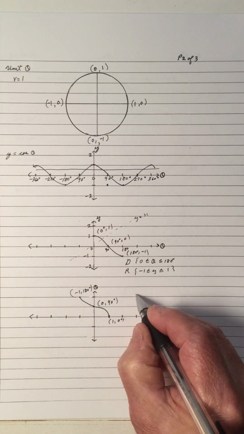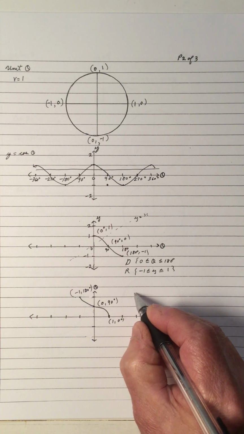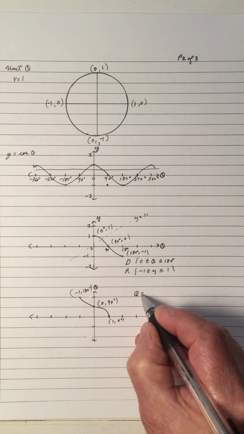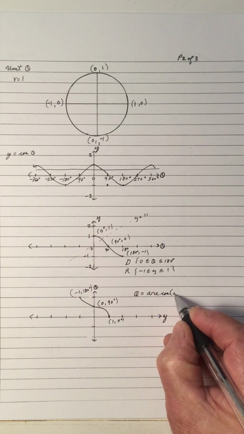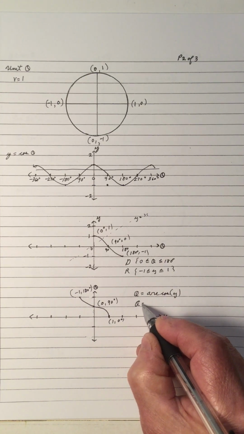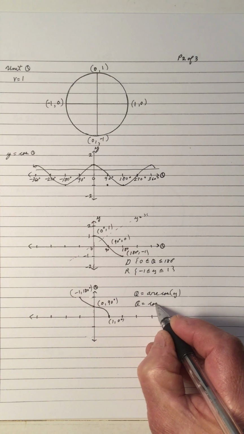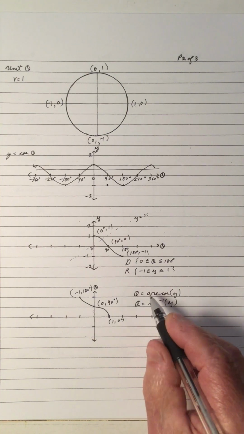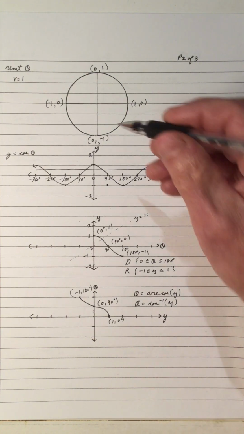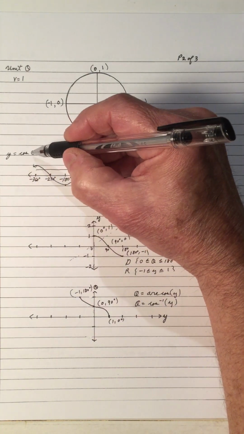So this is the graph of theta equals arc cos of y, or theta equals cos to the negative 1 of y. And again, I'm using theta and y because this is y and theta.